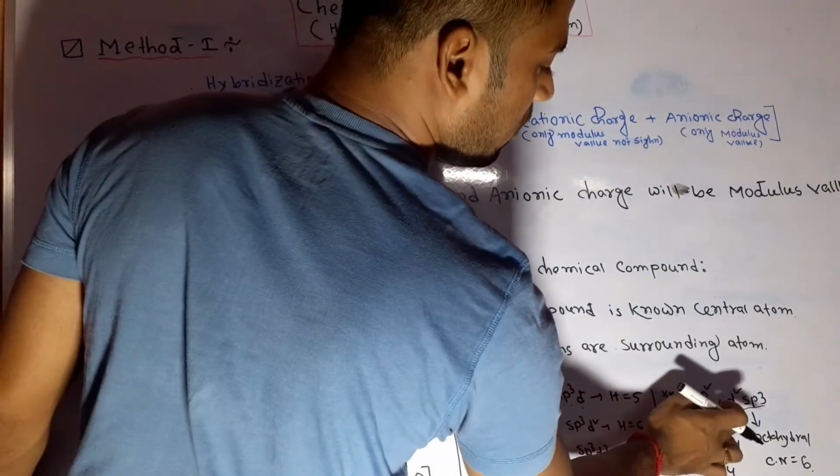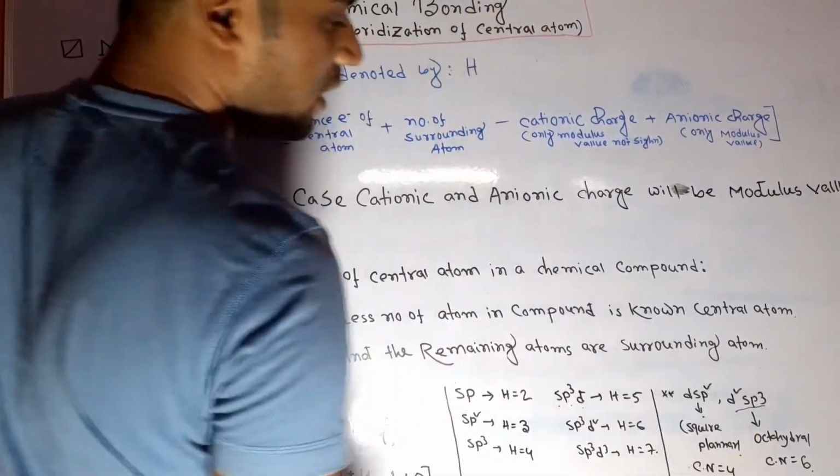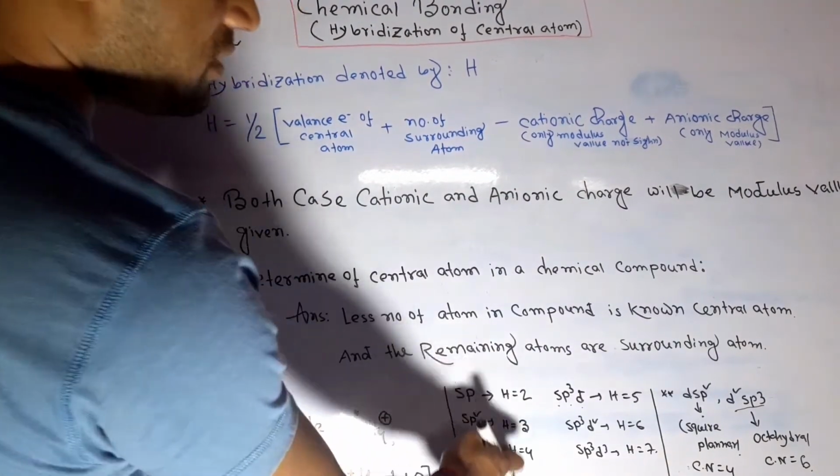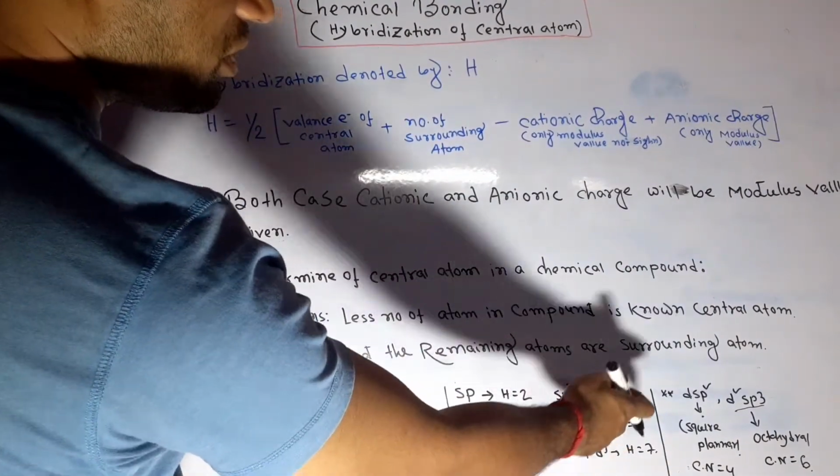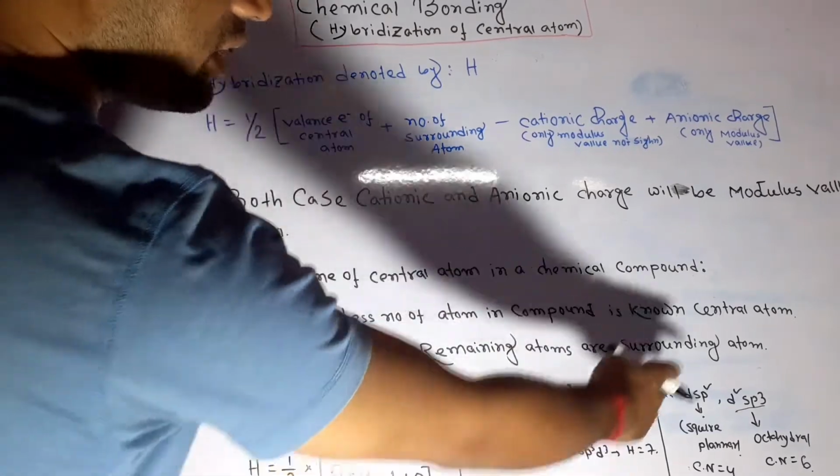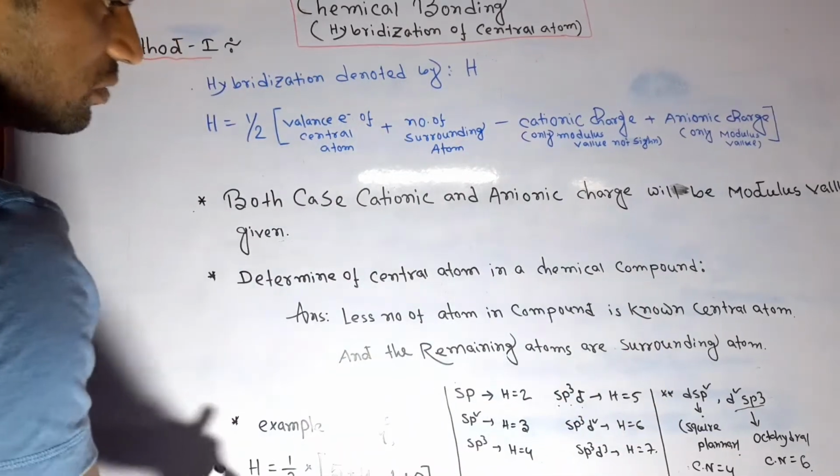I discussed dsp2 and d2sp3 hybridization last time. First, this syllabus: sp, sp2, sp3d and sp3d2 are the main syllabus for the year. Finally, we discussed dsp2 and d2sp3.